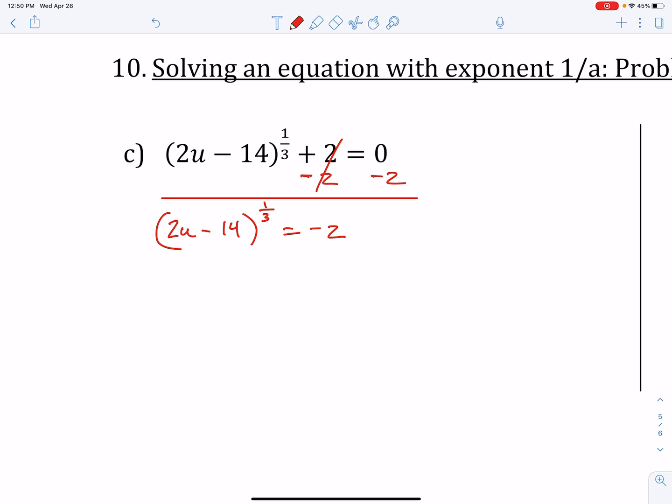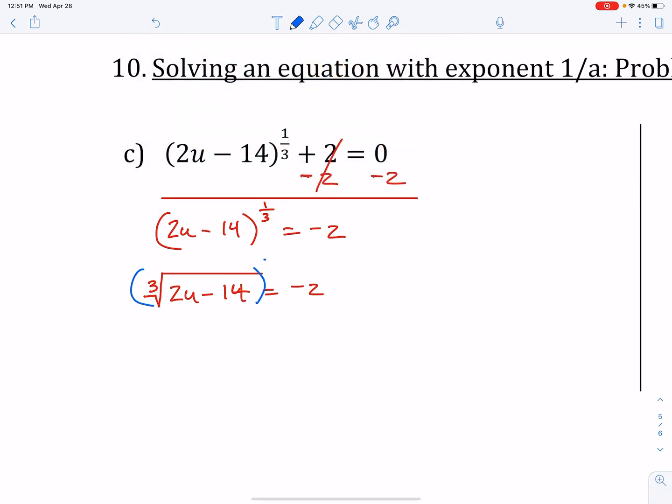Well, all we need to do here is notice this really has a cubed root, right? Because my denominator is 3. So if I have the index of 3, then I can just make this look a little bit different here. 2u minus 14 equals negative 2. Now to get rid of this cubed root, what do we have to do, guys?